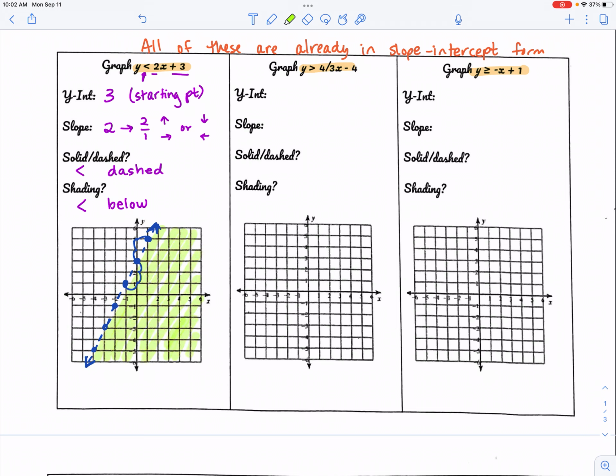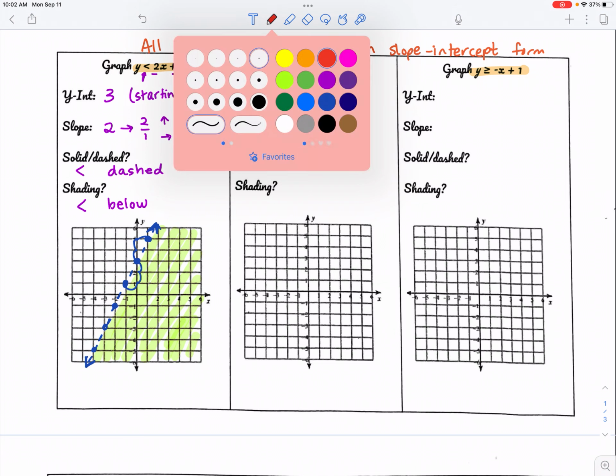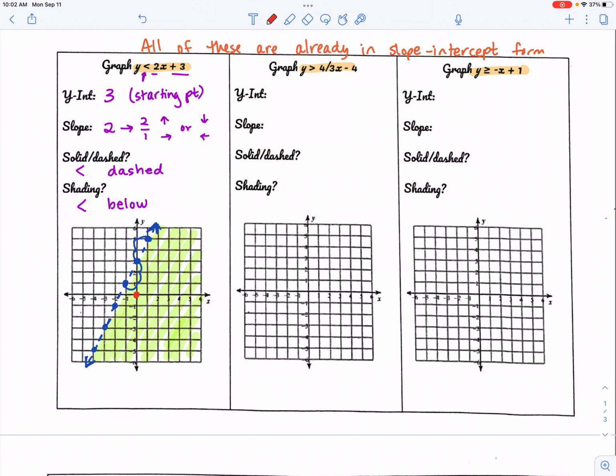Now, if you're ever unsure, and we're going to practice more of this in class, you can always check a point in the shaded region. The easiest one to pick here would be 0, 0. That's one I like to check for mostly all of them, just to make sure I've shaded correctly. So I'm going to pick 0, 0 as my ordered pair, and plug that into my original inequality.